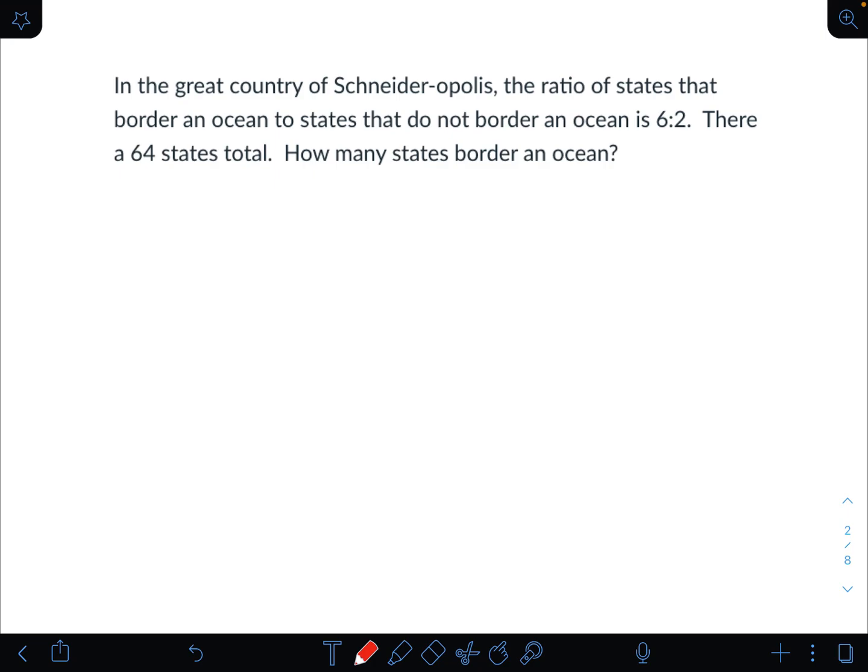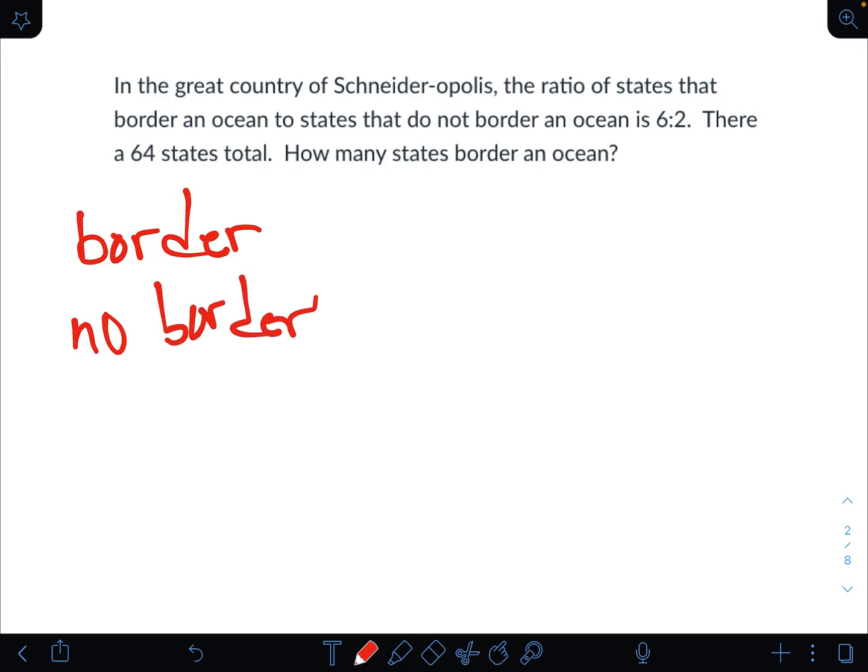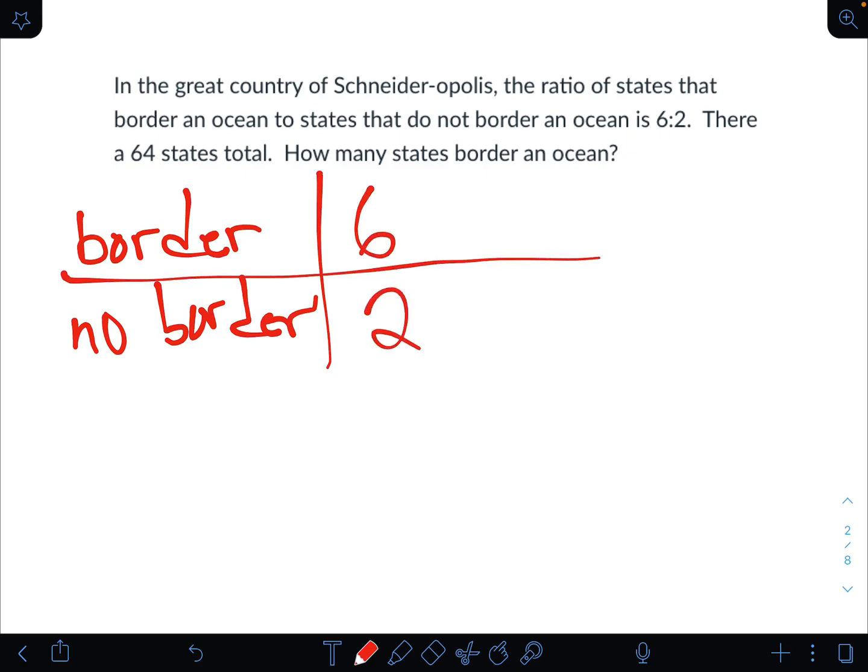So it's Schneideropolis. We have border states and not border states, and our ratio is 6 to 2. And there are 64 states total. Okay, so total, 64 states total.